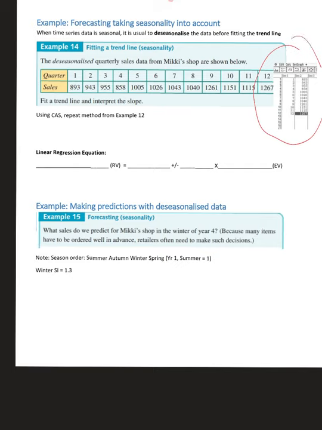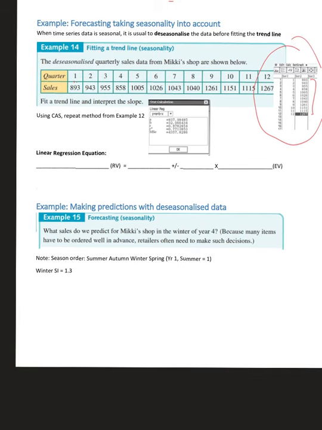So I've used the quarter numbers, I've put in the sales for each quarter number, and now I'm just going to find the linear regression equation: calc, regression, linear, which are here. So I can say my deseasonalised sales, because they're deseasonalised, is given by, let's go whole numbers.